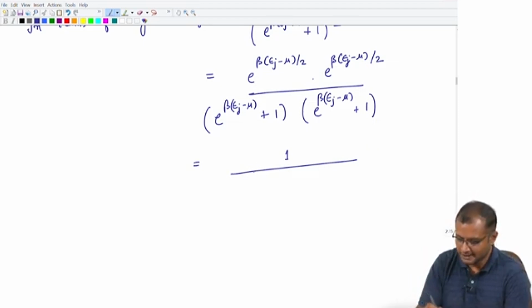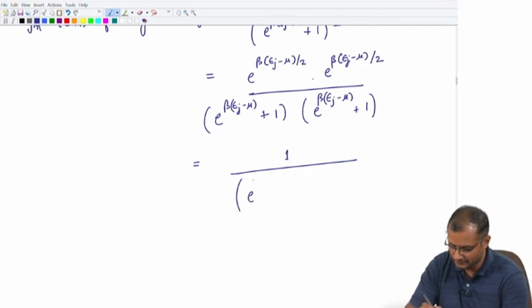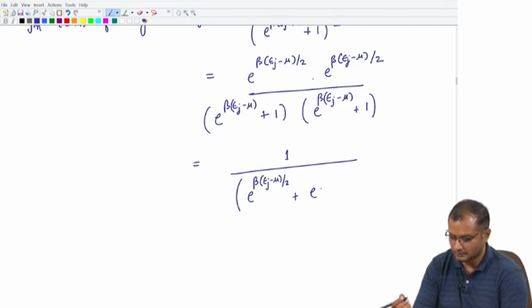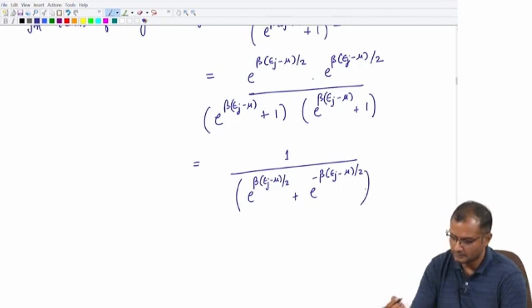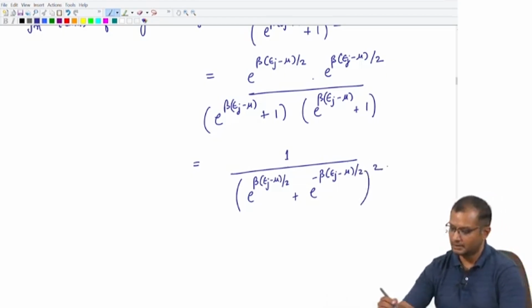So, what you will get in the denominator is basically e raised to minus, the whole square.